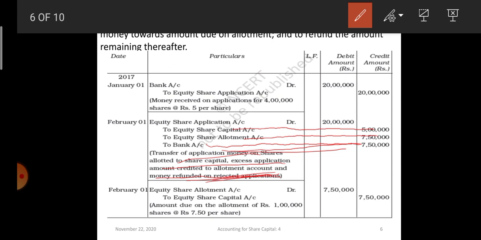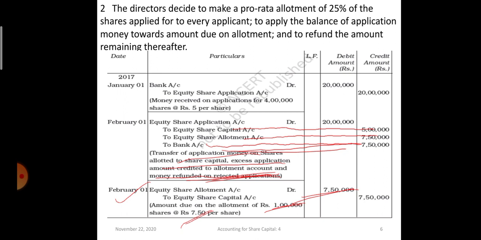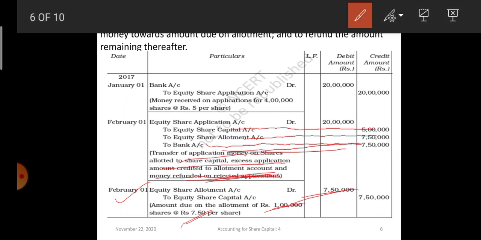Now equity share allotment. Allotment money is made due on 1 lakh shares at the rate of rupees 7.50, it is 7,50,000 rupees. Allotment money is made due and it is already received in this case, so the bank entry we are not doing.